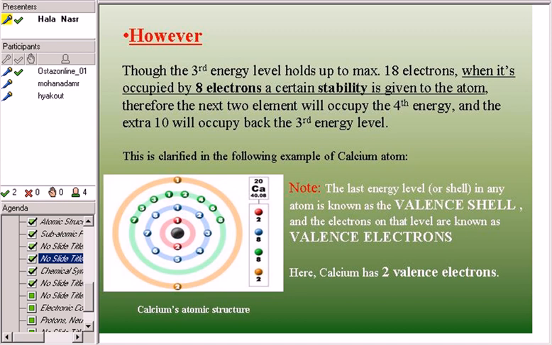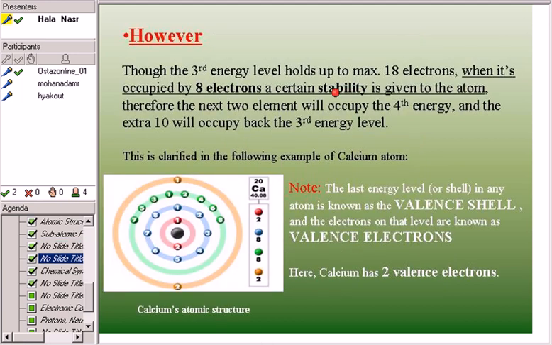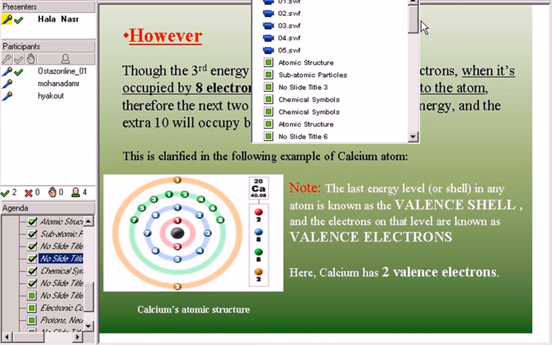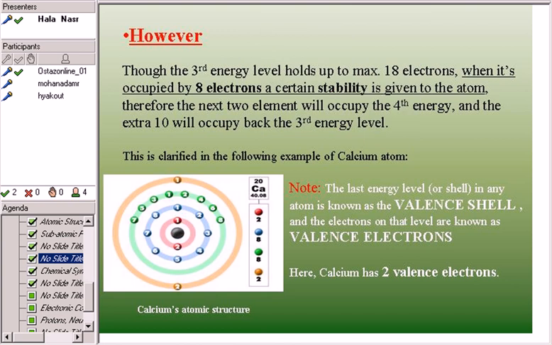So this is what we actually have done. Okay, so this is what we've been saying. In here, as you see, the first energy level is having 2 electrons, and the second energy level is able to carry 8.